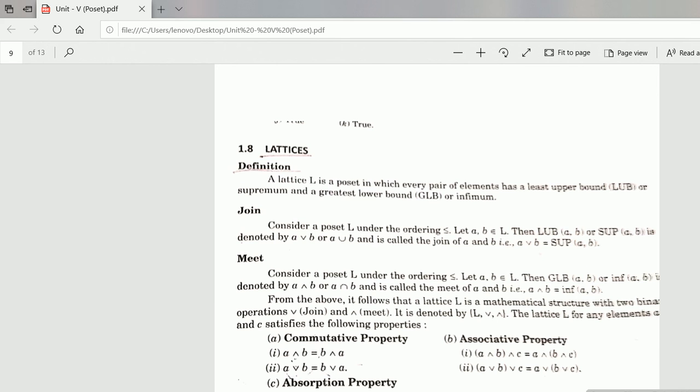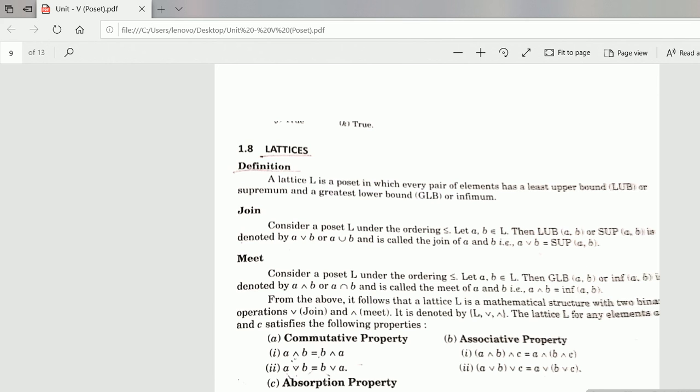Let A, B belong to lattice L. Then the supremum of A and B is denoted by A join B, and is called the join of A and B. That is, A join B is equal to sup(A, B), the supremum of A and B. In the case of supremum we use the word join.